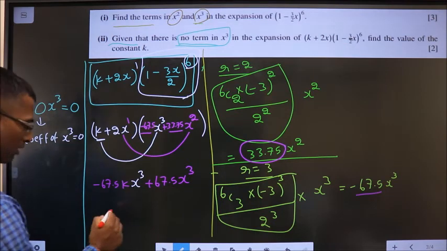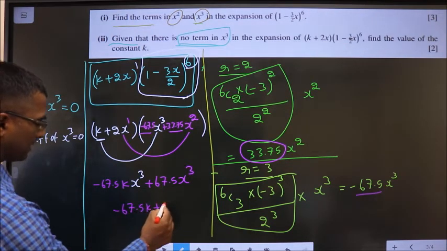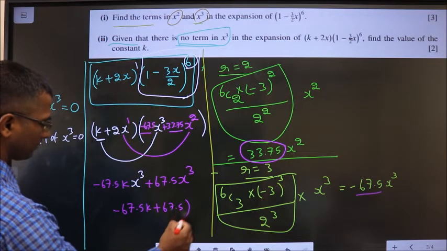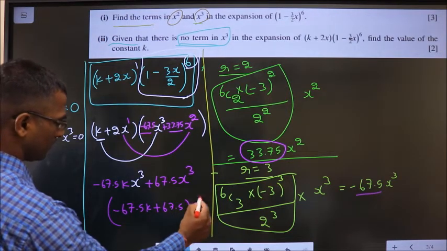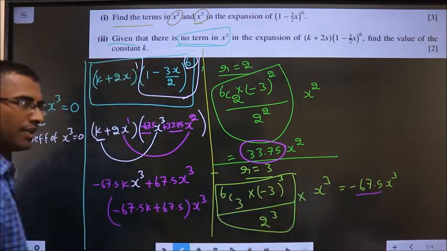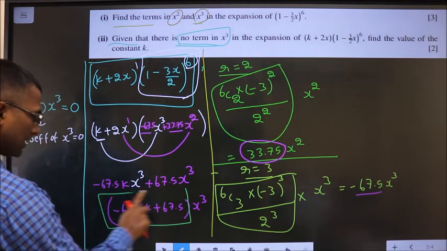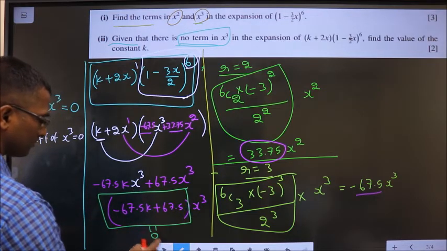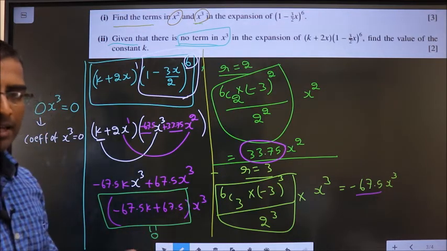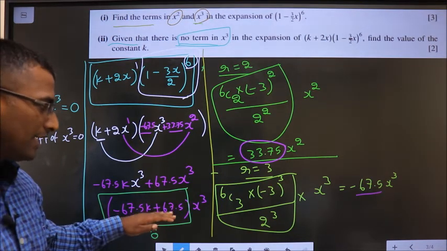Take x cube common. So minus 67.5k plus 67.5 x cube. Now the x cube term should not be present means this is the coefficient of x cube, this should be 0. Only in that way I can be sure that x cube does not exist. Clear? So equate this to 0.